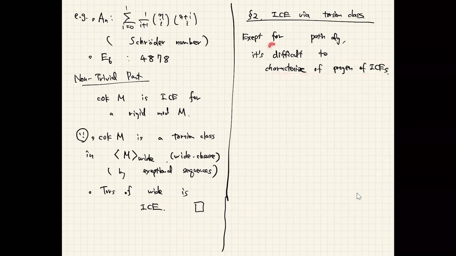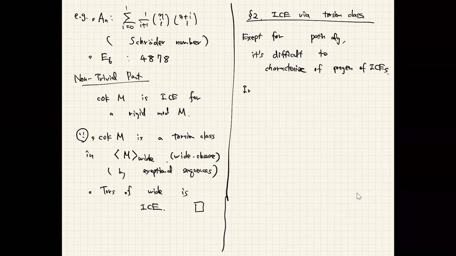But for the general algebra case, it seems to be difficult to give such an easy intrinsic homological description.